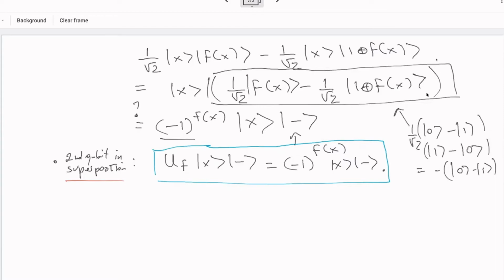So the key in Deutsch's algorithm was to do both approaches at the same time, put the first qubit and the second qubit in superposition. So instead of starting with x minus or plus 0, we will put both of them in superposition. So we will do the following in the next slide. So this is Deutsch's algorithm.